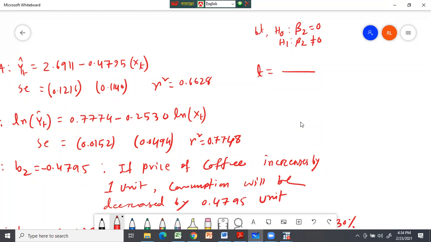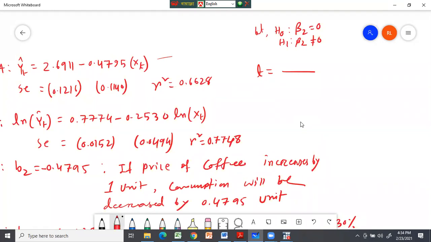Is it followed by a two-tail test, or will it be one-tailed? What do we know? We know that this coefficient should always be negative.